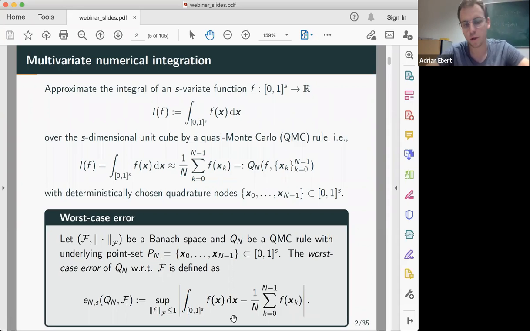This expression is basically the absolute value of the integration error of a function f, and there we take the supremum over all functions f that lie in the s-dimensional function space. So this is, like I said, the worst case error. We denote it by e_{n,s}, and it depends on the function space, but not on a particular integrand function itself.